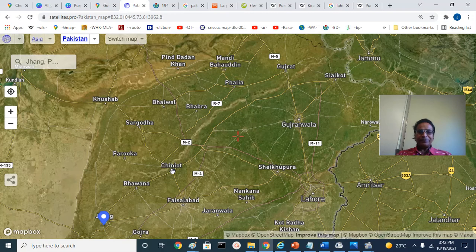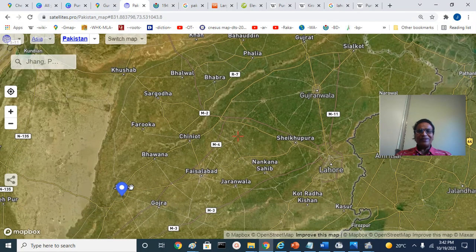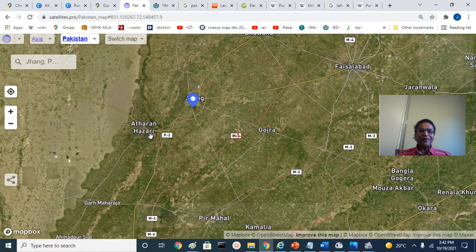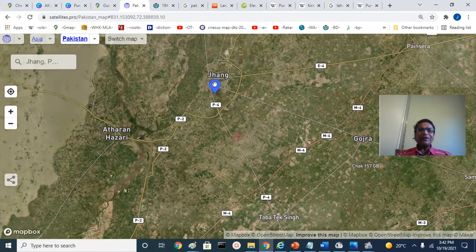And the river continues. And this is Jhang. I have just pointed out Jhang here. South of Jhang, this is the Chenab river. This is the Jhelum river. It joins at Athara Hazari, and you can see from Jhang.